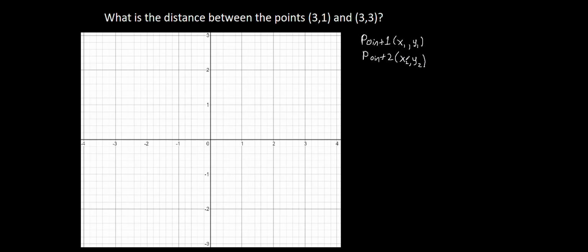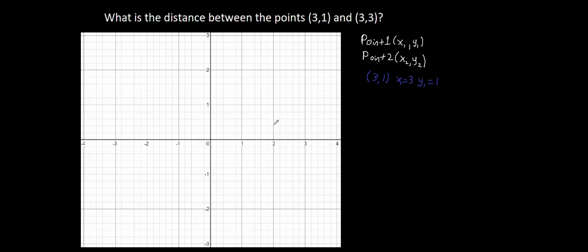This is going to be extremely important when we start doing distances where we don't have one of the dimensions the same. But this builds up the idea of this notation of x1, y1, x2, y2. So let's do our point 1 as 3, 1. So our x1 is going to be 3, and our y1 is going to be 1, right? Because this is the first point.